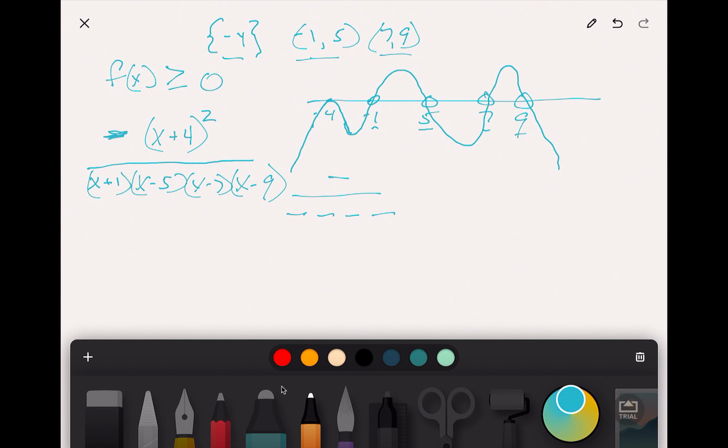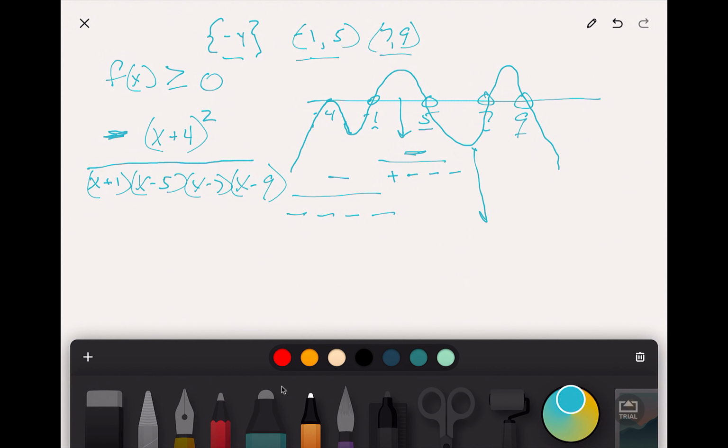So we've got an odd number of negatives, so the function is negative up until -1. And then it's undefined at -1. Then in between -1 and 5, again, the numerator is going to be negative. The first factor in the denominator is going to be positive, and the next 3 factors are all negative. So we have overall an even number of negatives, so the function is positive in that interval. That's what we want.